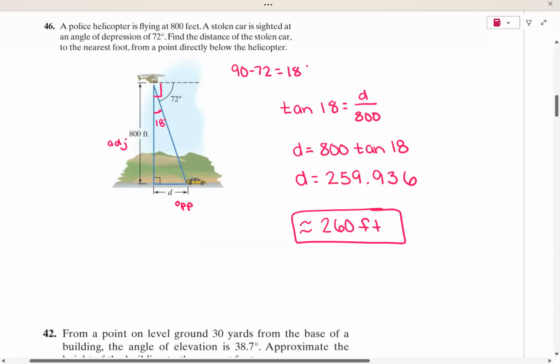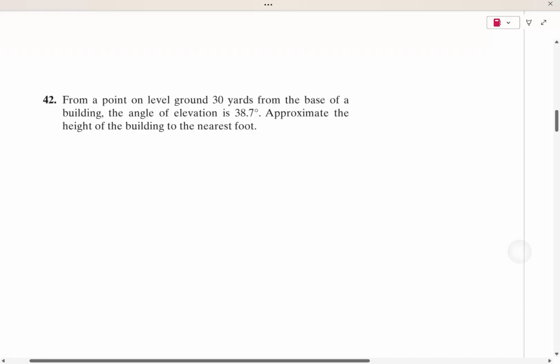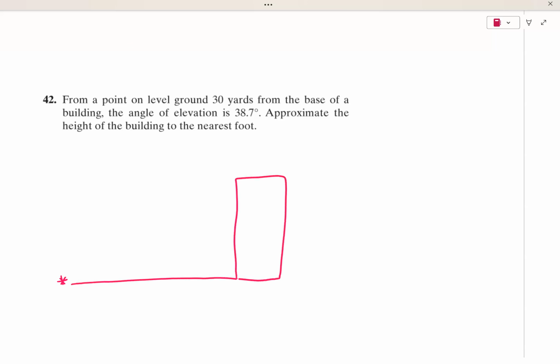Okay. Let's look at the next one. From a point on level ground, 300 yards from the base of a building, we have an angle of elevation to the top of this roof of 38.7 degrees, and we're trying to find the height of the building.